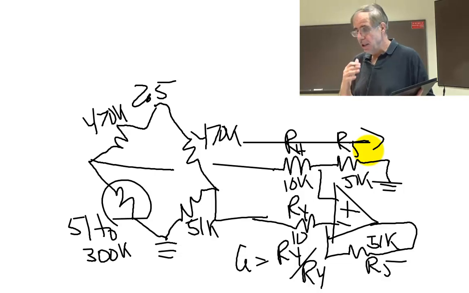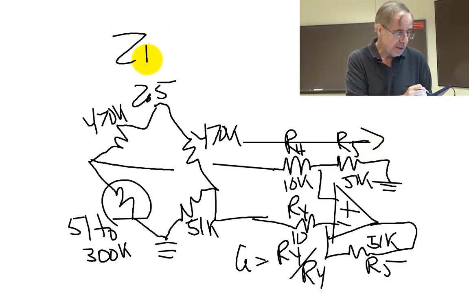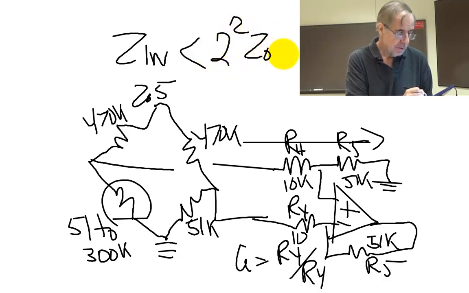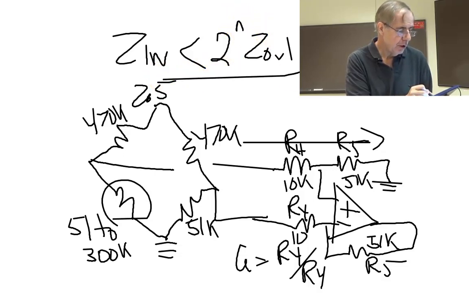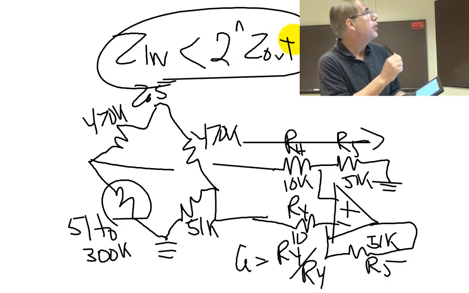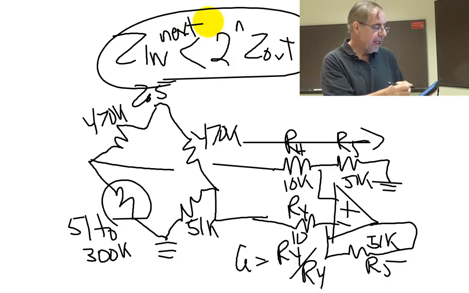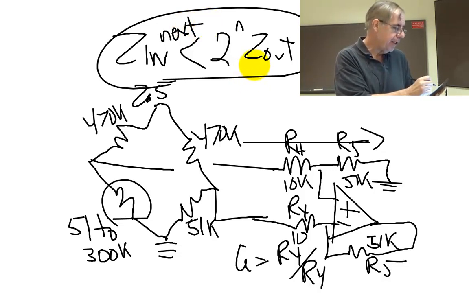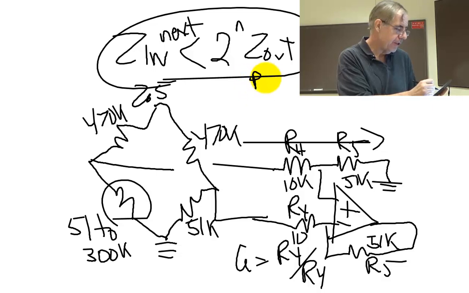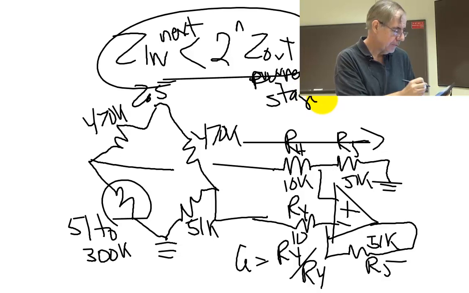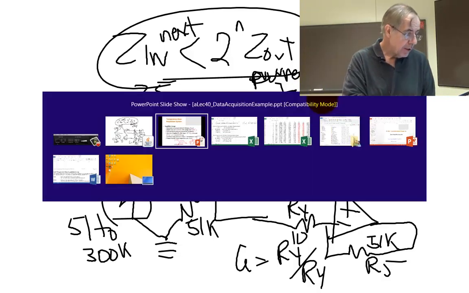So this doesn't work because of impedance loading. So again, the rule is we want the input impedance of the next stage to be 2 to the n times bigger than the output impedance of the current stage. That's a rule.